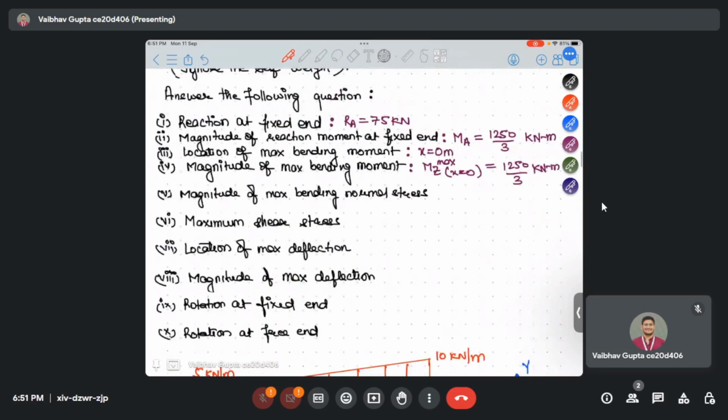So this is how the fifth part will be solved. Now coming to the sixth part. In the sixth part, what you said, find the maximum shear stress.